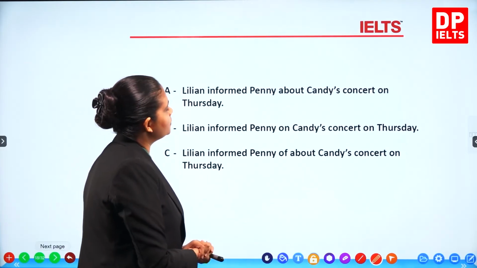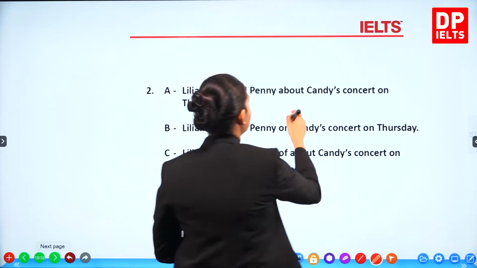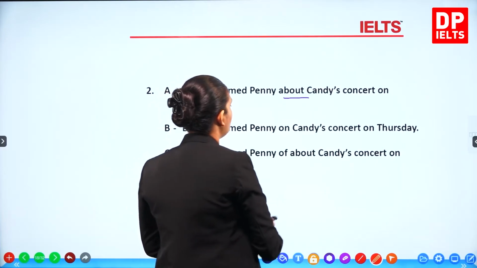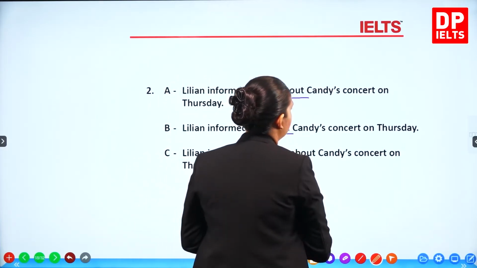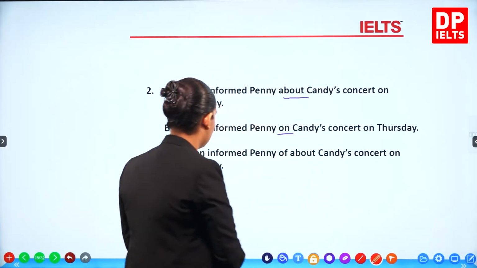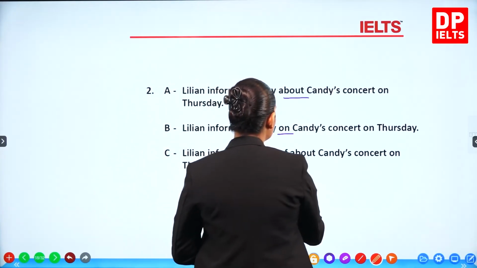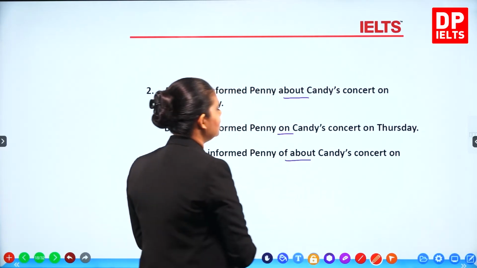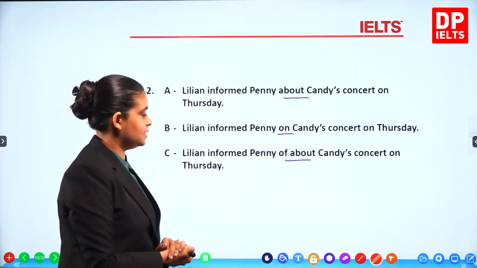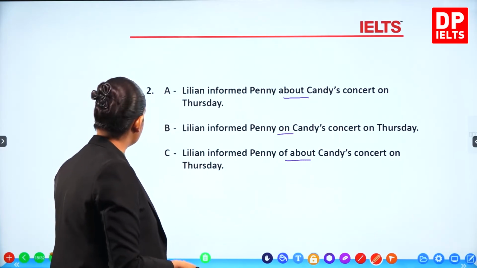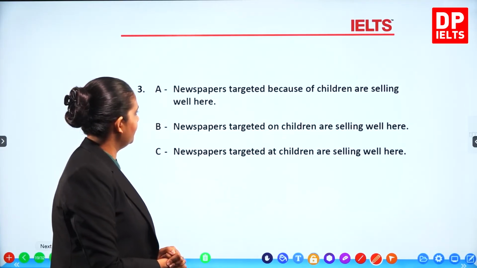Lillian informed Penny about Candy's concert on Thursday. Lily informed Penny on Candy's concert on Thursday. Lillian informed Penny about Candy's concert on Thursday. So which sentence or sentences are correct?